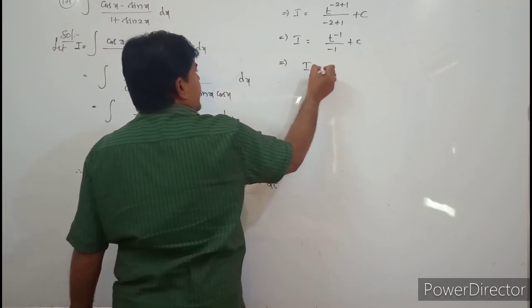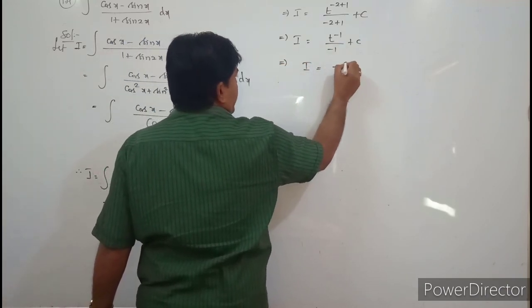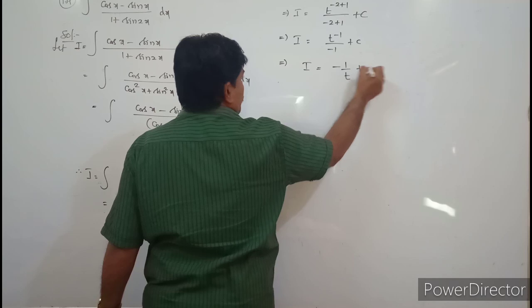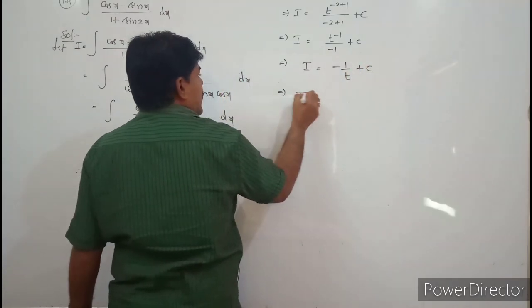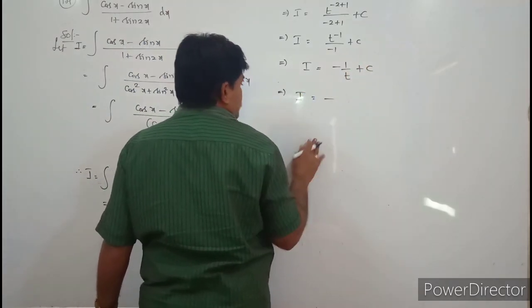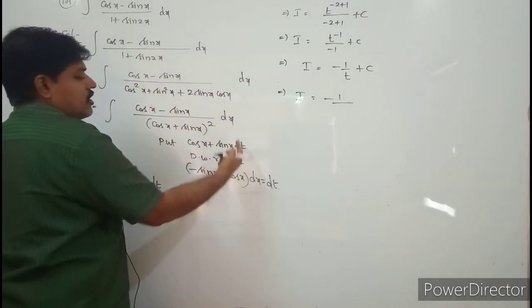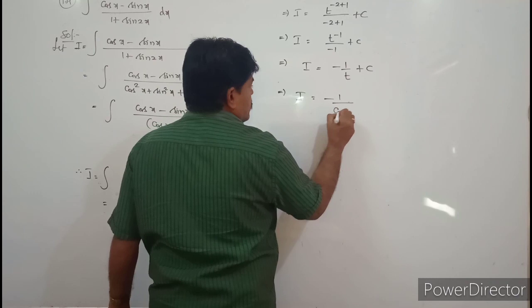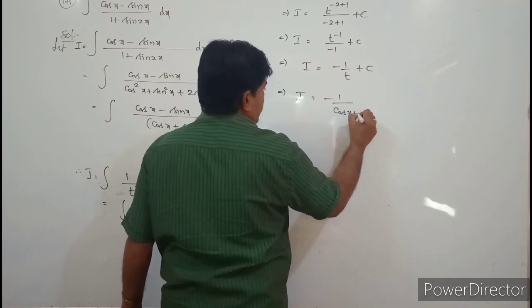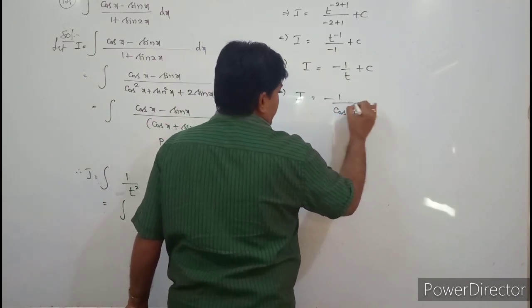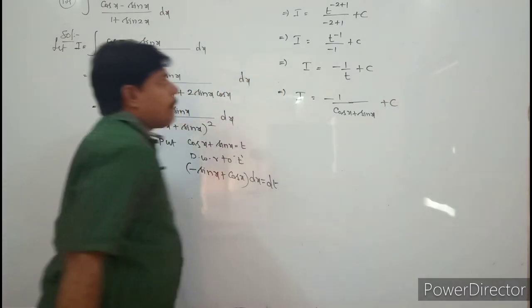So I is equal to minus 1 by t plus c. What is the t value? T value is nothing but cos x plus sin x. So this is minus 1 by cos x plus sin x plus c.